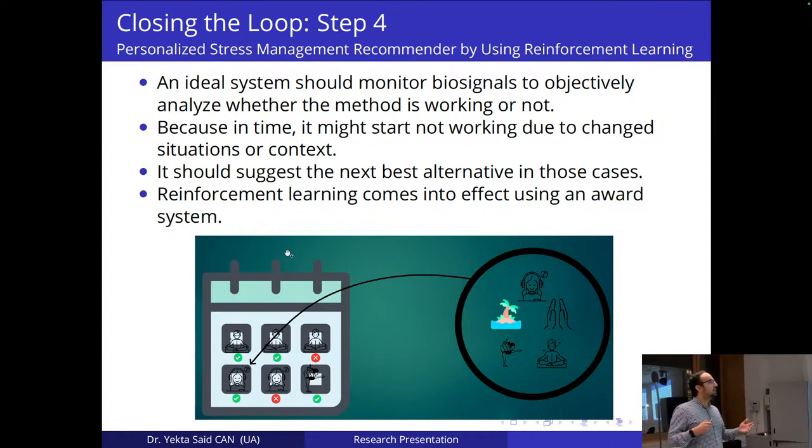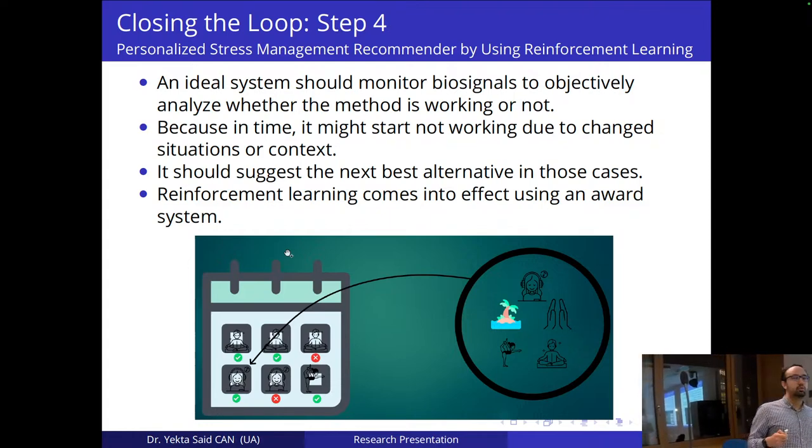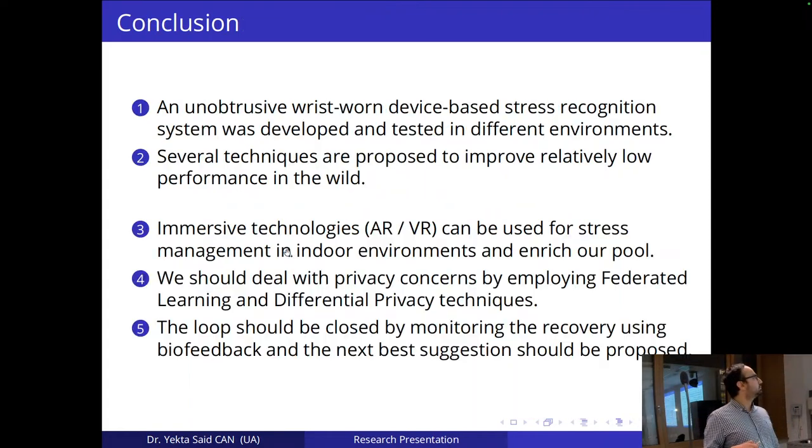In time it might stop working due to changing situations or context. In these cases, the system should suggest the next best alternative to the users so that we can find a working solution. We can use reinforcement learning with a reward system in these cases.